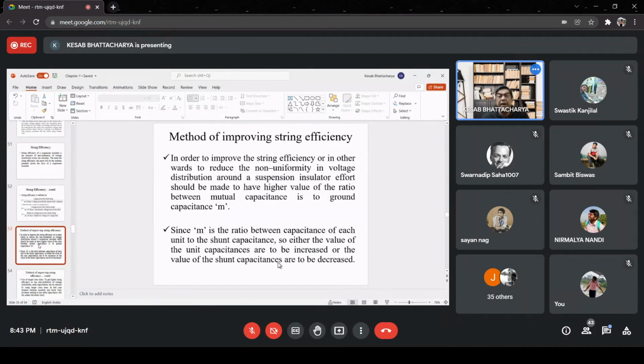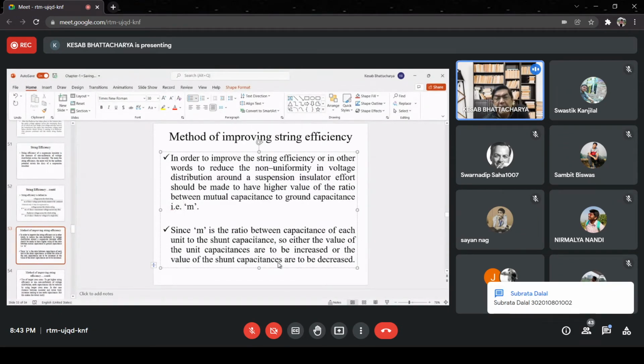That is why it has been mentioned here that in order to improve the string efficiency, or in other words, to reduce the non-uniformity in voltage distribution around a suspension insulator, effort should be made to have a higher value of the ratio between the mutual capacitance to the ground capacitance, that is M. Since M is the ratio between capacitance of each unit to the shunt capacitance, either the value of the unit capacitances is to be increased, or the value of the shunt capacitances is to be decreased.